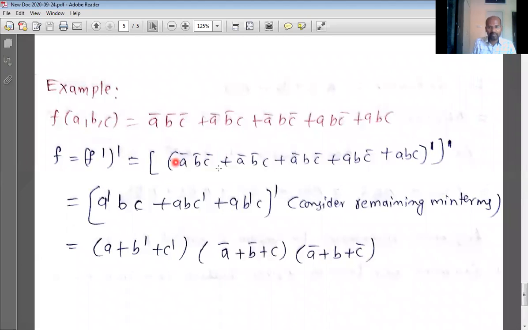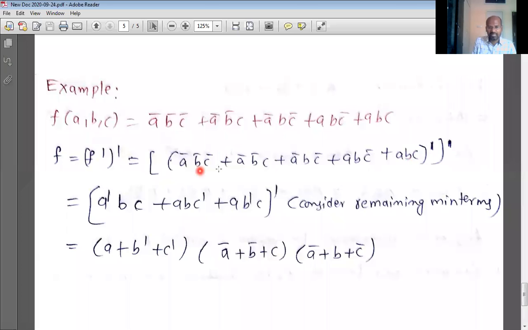Out of 8 combinations, how many are there here? 1, 2, 3, 4, 5 combinations. And each one of them is a minterm. So each one of these terms represents one input combination, right? And we want the not of these 5 minterms. Now what we get is the remaining 3 missing terms.